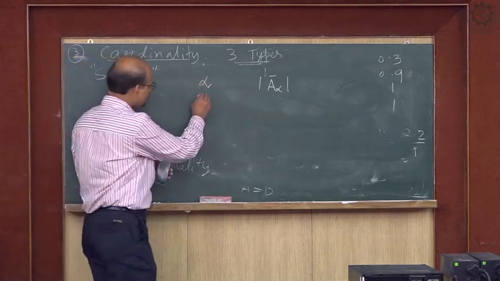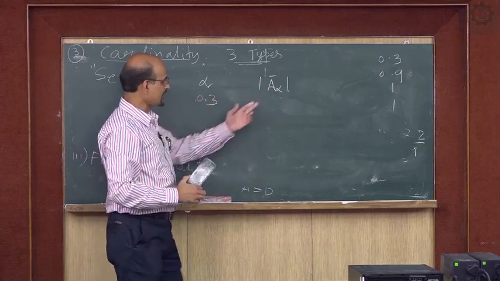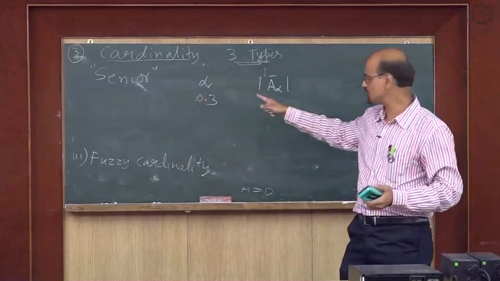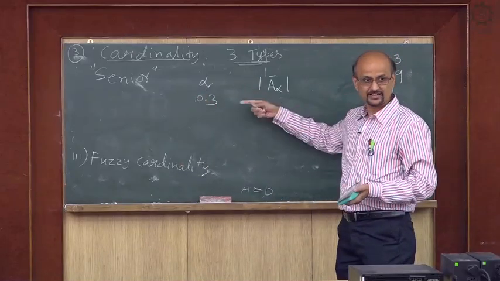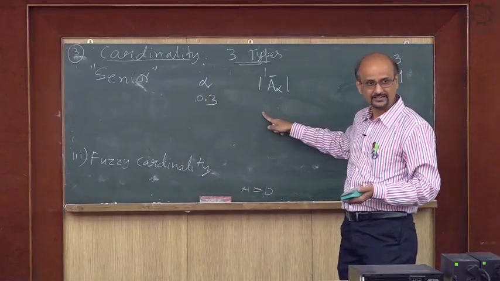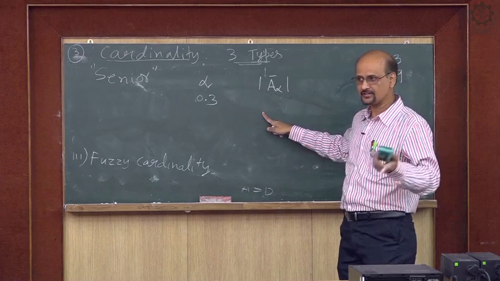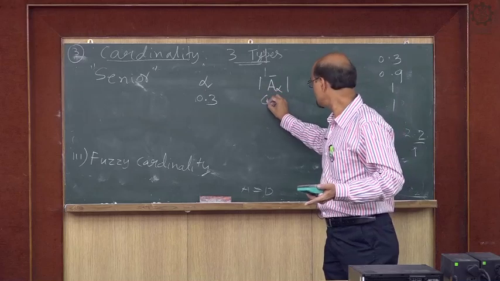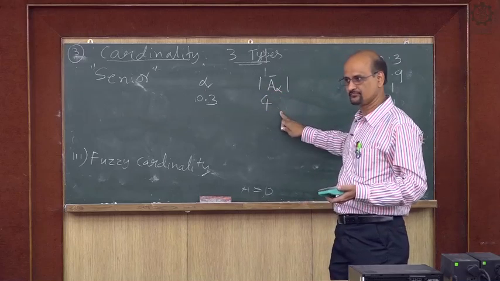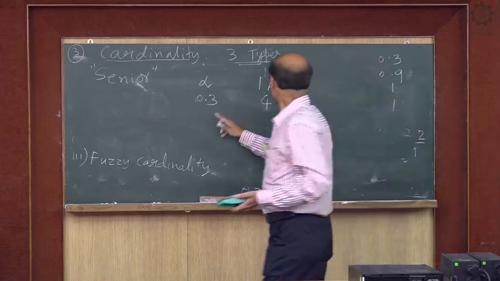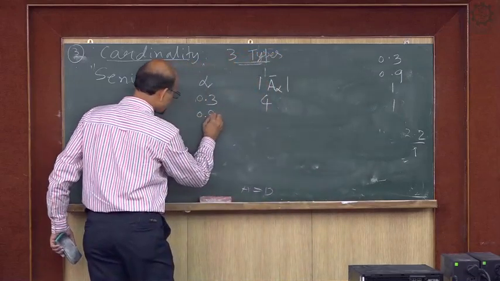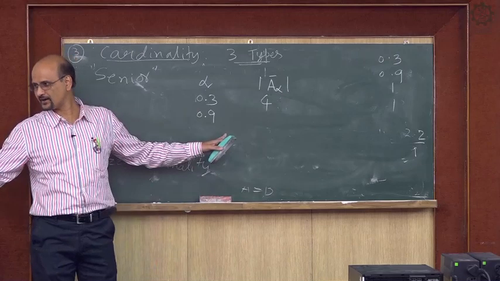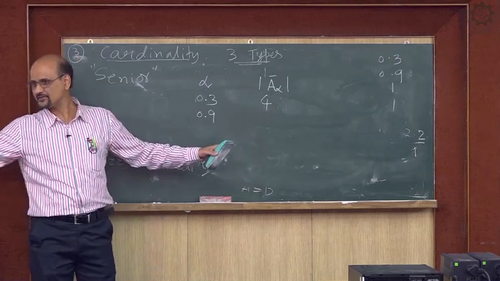So, if I take alpha equal to 0.3, in A alpha bar how many elements will be there, greater than or equal to 0.3, 4. Sure, you are seeing your examples from previous days, the number of elements will be 4 or not. Okay. Similarly, if I go for 0.9, 0.9 means greater than or equal to 0.9, what are the elements that you have, 3?